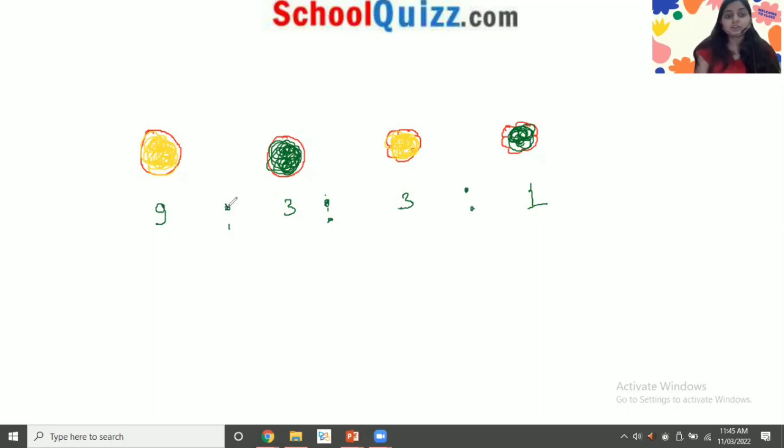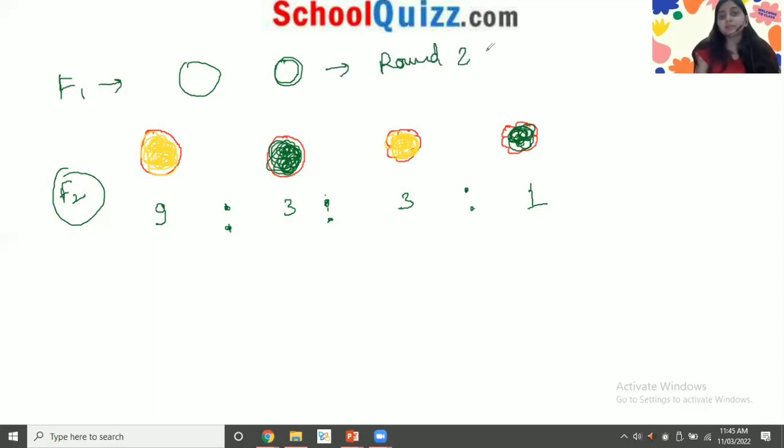Okay, so it is found in the F2 generation, and in the F1 generation we have found the round and yellow seed. Both the seeds are round and yellow.